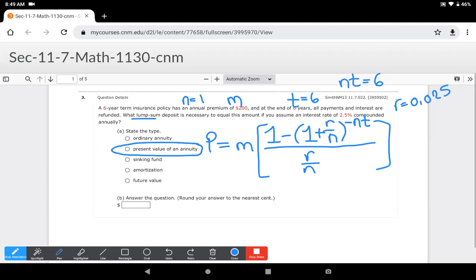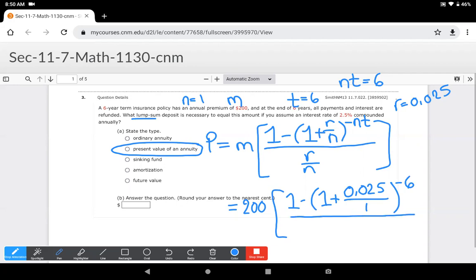So we have 200 times 1 minus 1 plus 0.025 divided by 1, right? So we don't really need that, but that's okay. To the negative 6, and then we divide by 0.025, which itself is divided by 1. Again, kind of an unnecessary step.